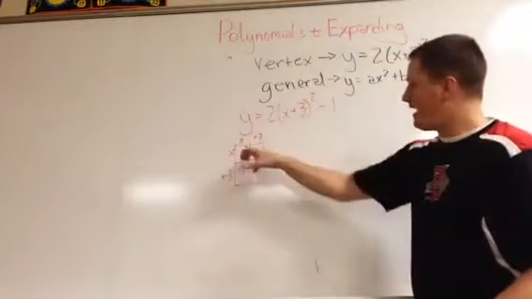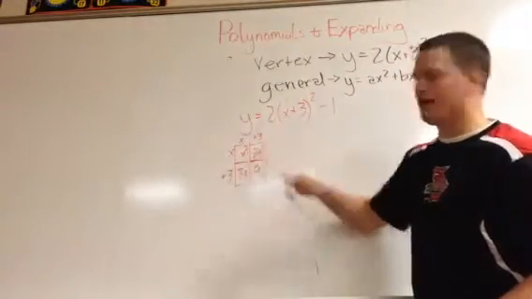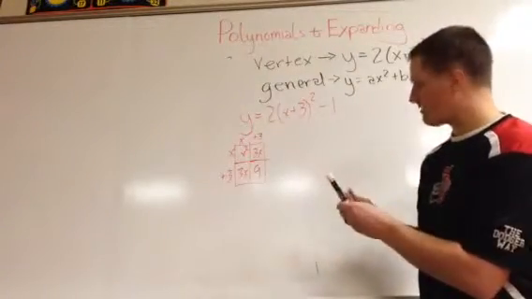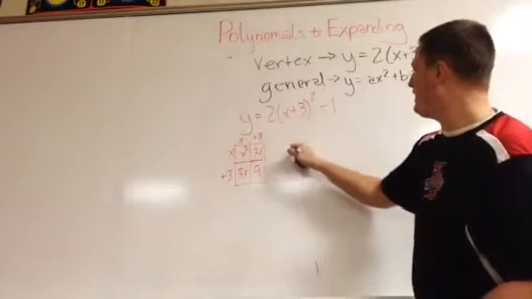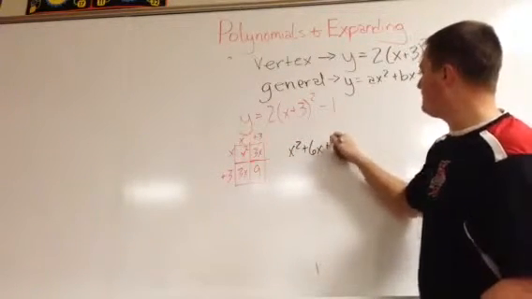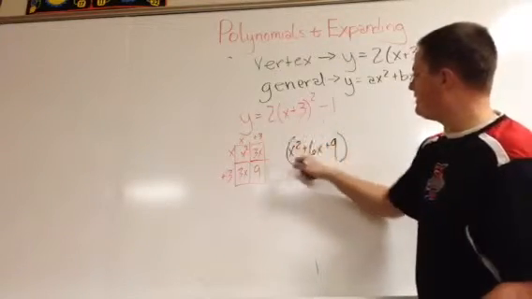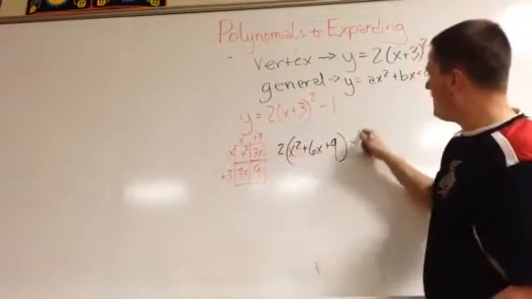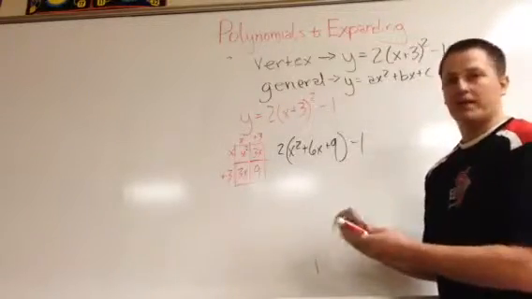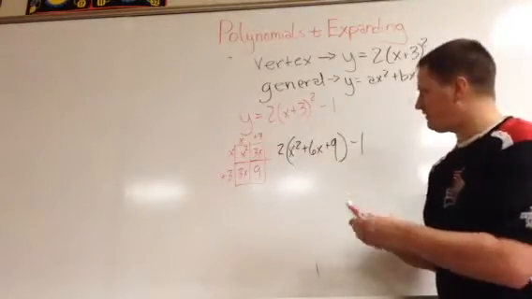And I get x squared, 3x, 3x, and 9, which combined up will give me x squared plus 6x plus 9. I'm going to put that in parentheses, put the 2 next to it, and the minus 1 after it. And now I'm going to use distributing, because we have multiplication next.